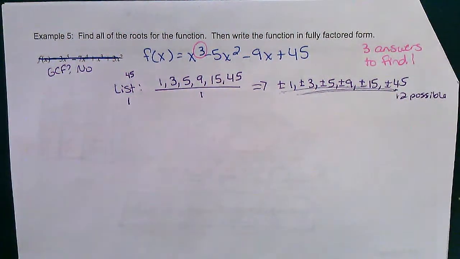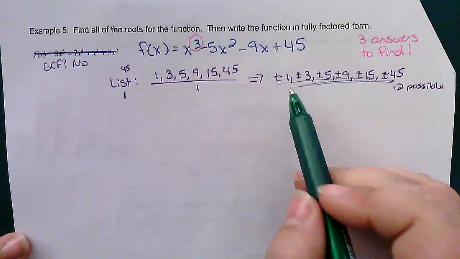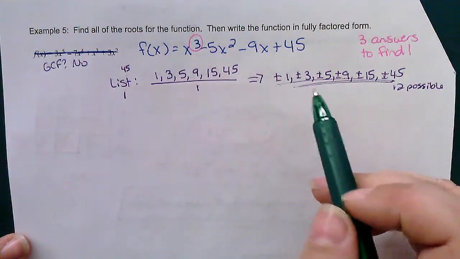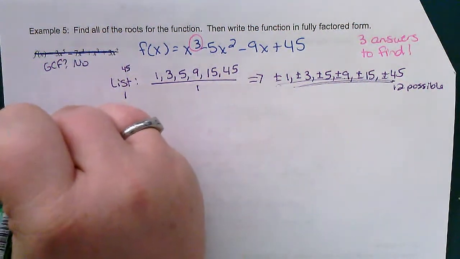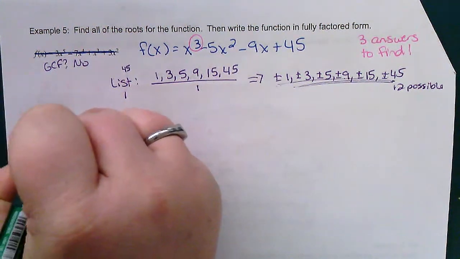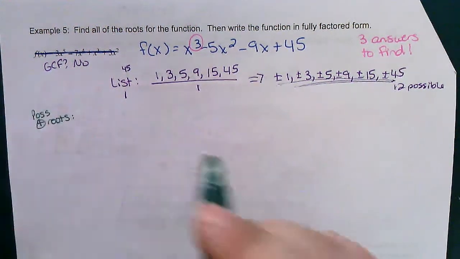Now what I can do is pick any number from that list, any number from that list at all. But I want to narrow it down and see if maybe there's only positive or only negative roots. So I'm going to do that possible positive roots thing. To do that, I count the sign changes.